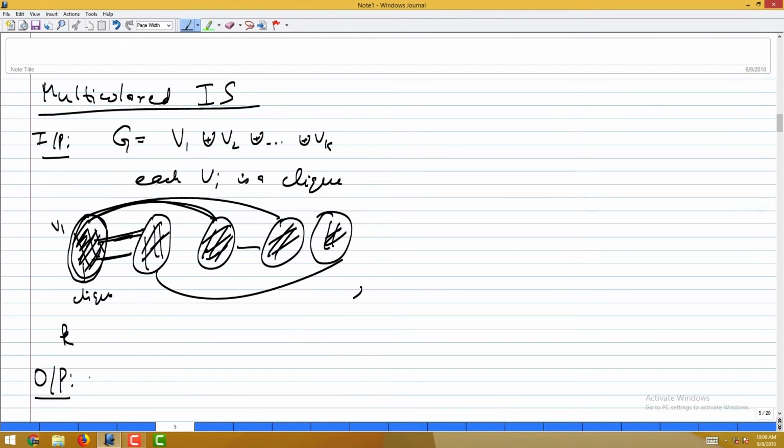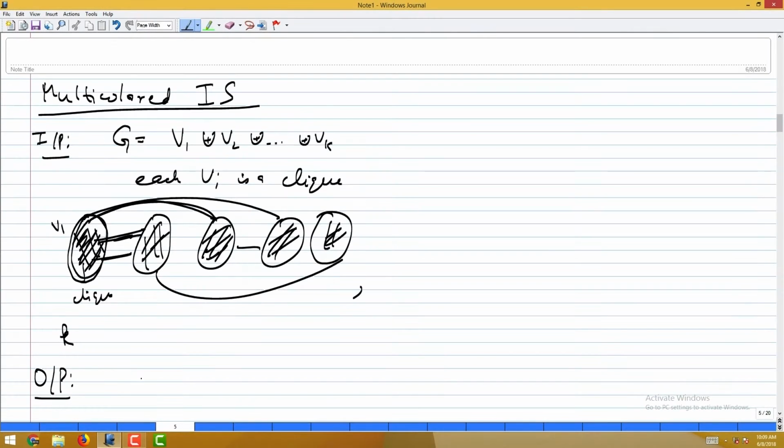And this should anyway be true, right? Since each color class is a clique, any independent set cannot pick more than one vertex from it. So any independent set of size k will have exactly one vertex there.